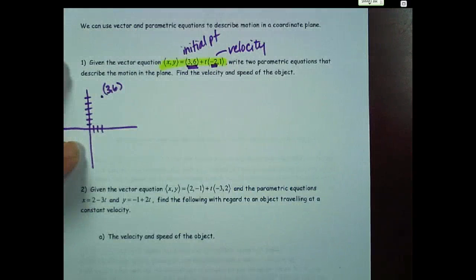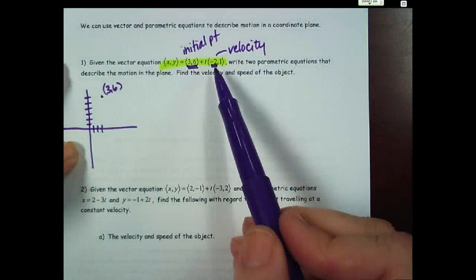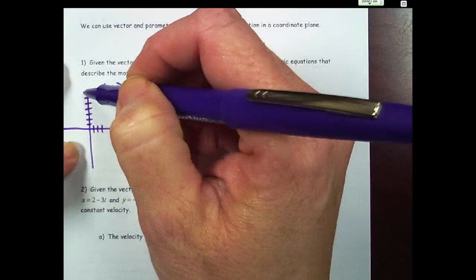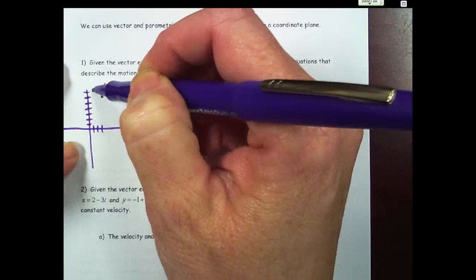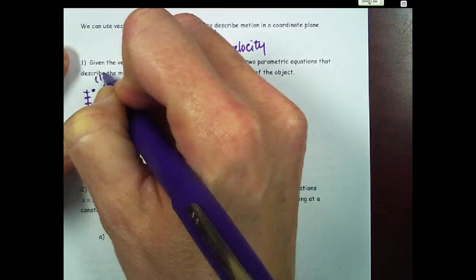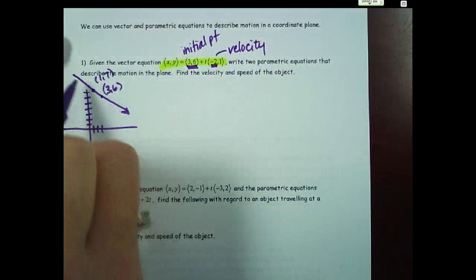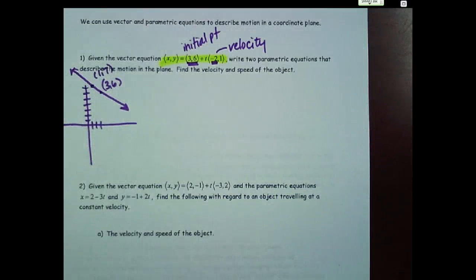And then it tells us that from that point we're going to go negative 2, 1, which would mean left 2, which would put us at 1, and then up 1, which will put us at 7. So 1, 7 is the next point. So every time you make a hop, you're going to land on that line. If you go forwards or backwards, you're going to land on that line somewhere.